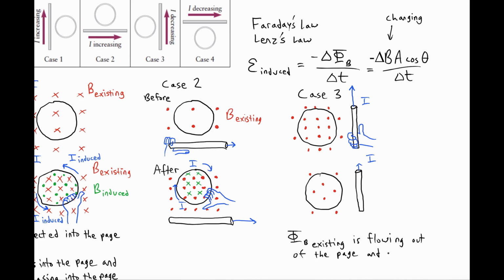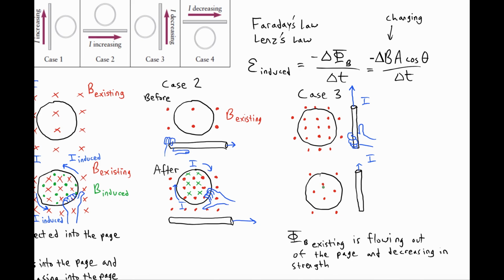And it's decreasing in strength. All right, so we have to stop the change. You don't always have to go against the field. You don't always have to stop the field. What you have to stop is the change.